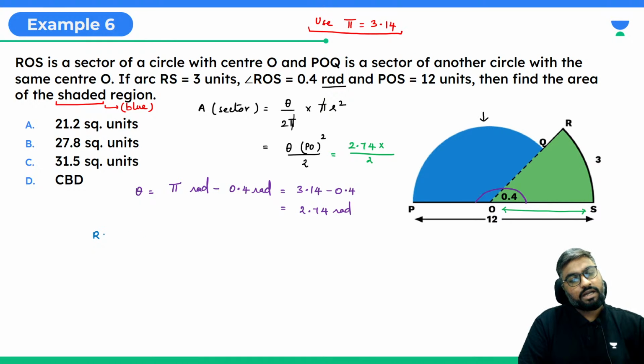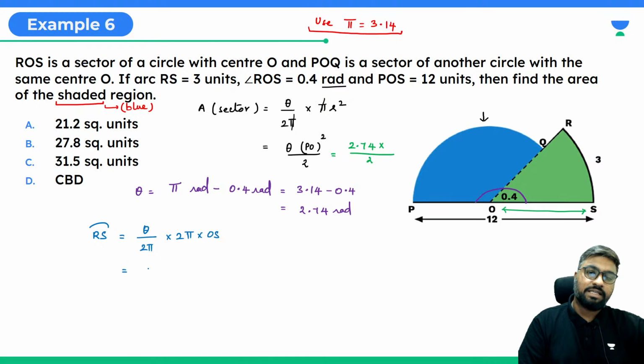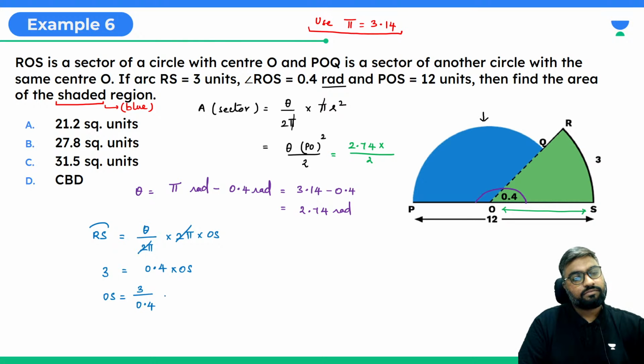So the length of arc RS is equal to theta by 2 pi into 2 times pi times radius, which is OS. Theta is given as 0.4, so 2 pi gets cancelled off. We basically have 3 is equal to 0.4 into OS, so OS is equal to 3 by 0.4, which is 7.5 centimeter.